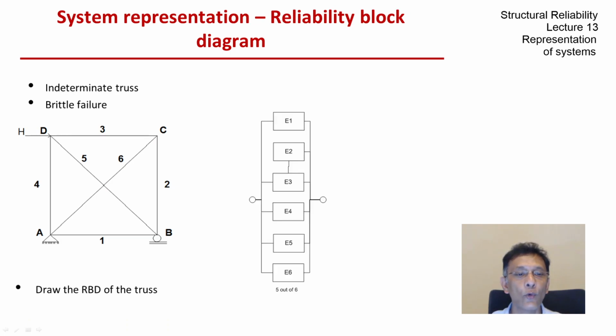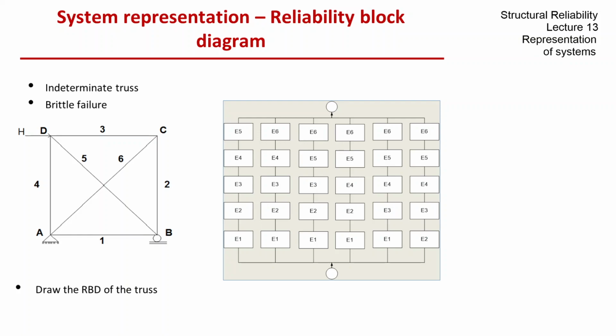So we could draw an RBD and say that there are 6 elements, E1 through E6, and 5 out of 6 configuration, which when expanded looks like this. There are 6 ways of choosing 5 elements from the group of 6. So this would be the expanded form of the reliability block diagram of the square truss in question that has 2 diagonal elements.